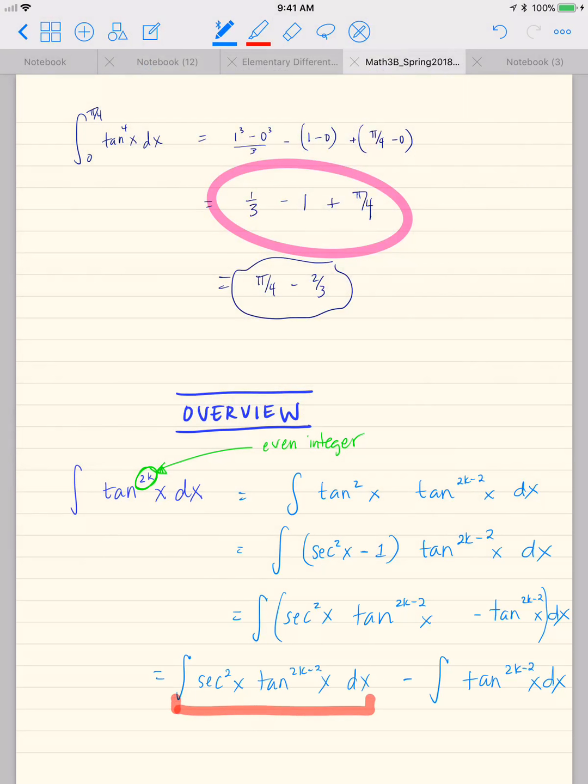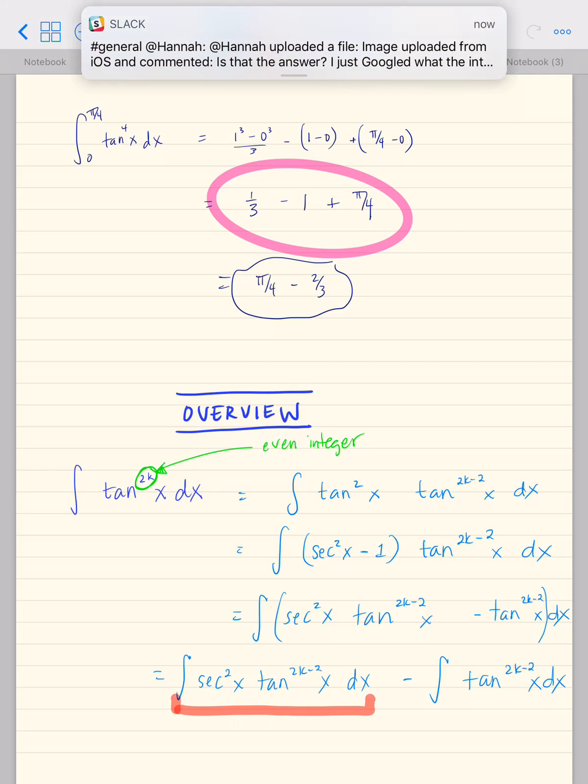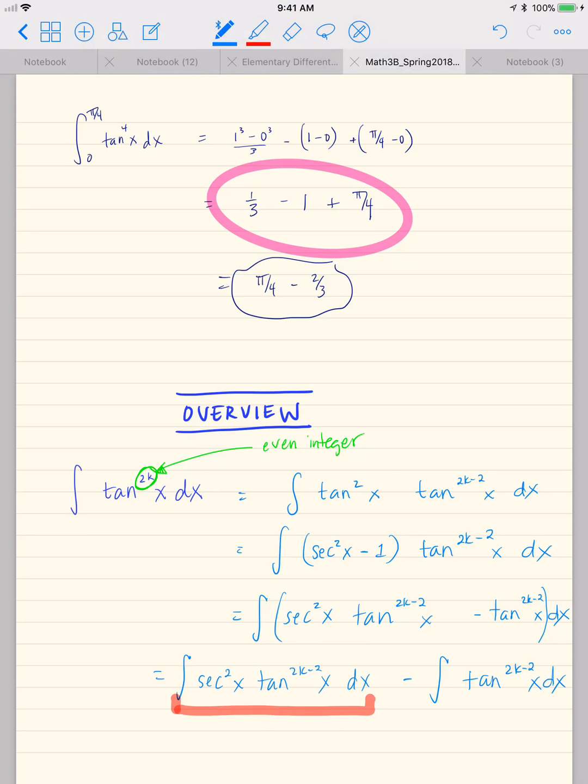Essentially what you're going to do is take that secant squared, couple it with the dx, so we'll have secant squared x dx, and then this tangent to the 2k minus 2 is going to be tangent squared x to the k minus 1, integral, right? And we're ready for a u substitution. Let u equal tangent.